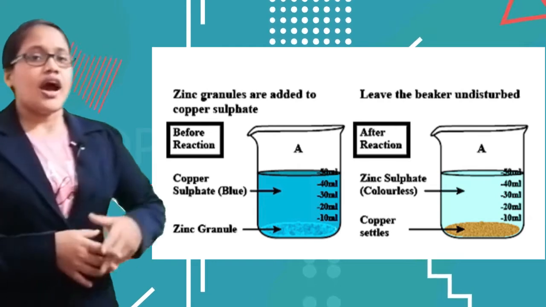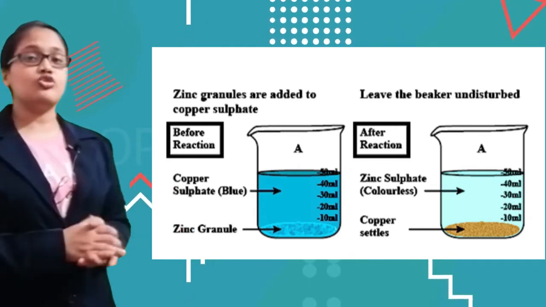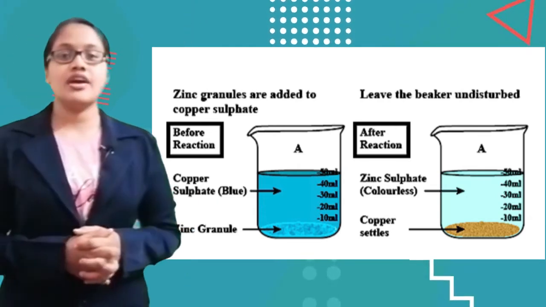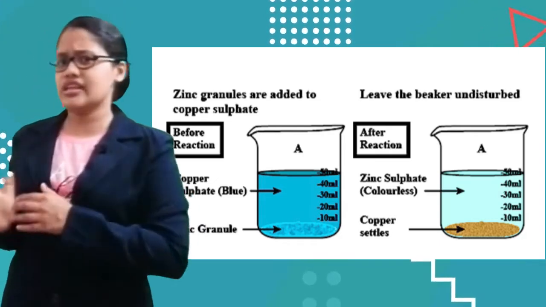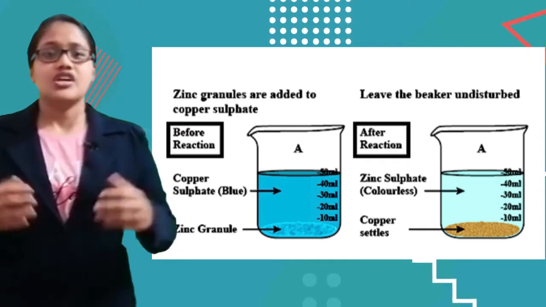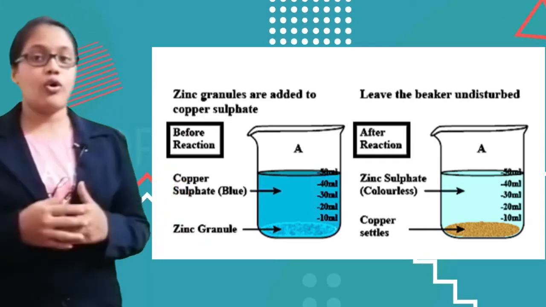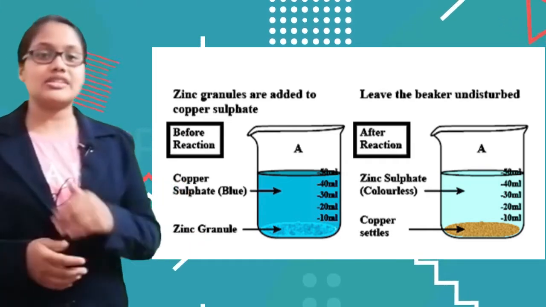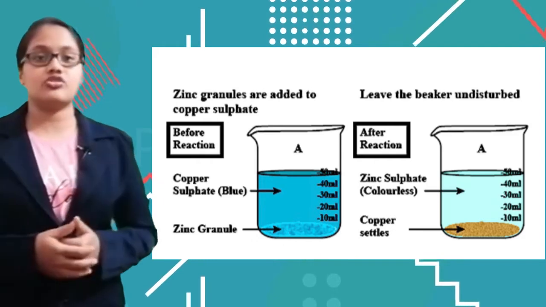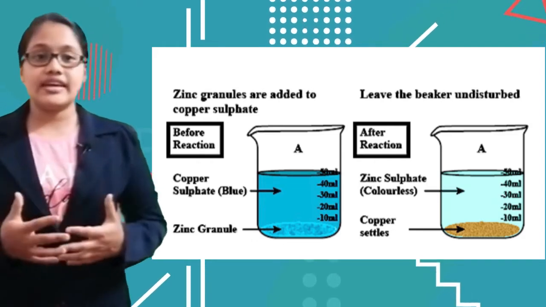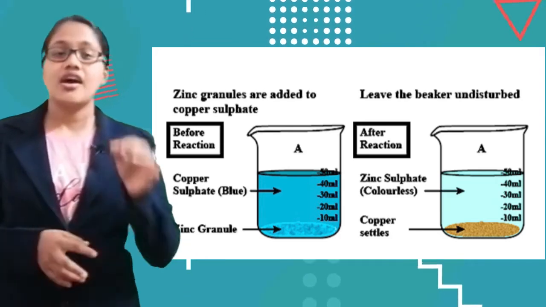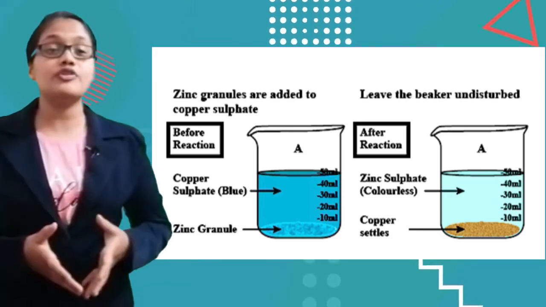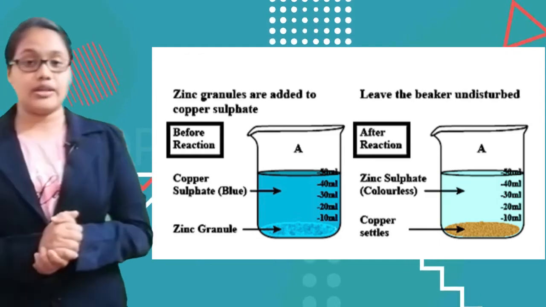Here I have a blue colored solution, which is copper sulfate, and I have zinc metal, which is silvery white in color. When I put this zinc metal in copper sulfate solution, I get a colorless solution and a red-brown deposition on the zinc metal.